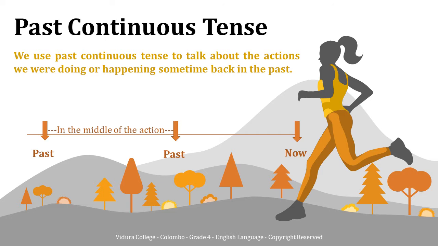They began at 10 o'clock and they finished at 11:30. So, I'm asking what were they doing at 10:30 a.m. We have to use past continuous tense to answer that question. The answer should be they were playing tennis because they were in the middle of the game. They had not finished playing.